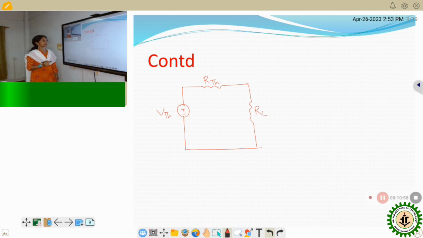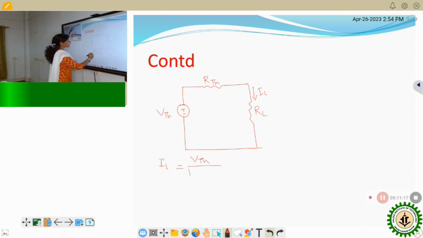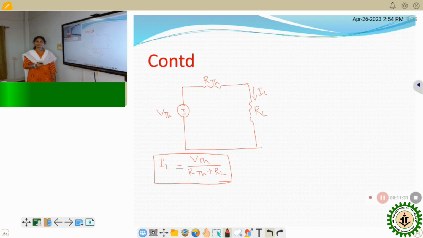After reconnecting RL, this is called the Thevenin equivalent circuit. Now calculate the current through this RL. If it is denoted by IL, then IL will be equal to VTH divided by RTH plus RL. This is IL. In this way, we can calculate the current through the load resistance by using the Thevenin theorem.